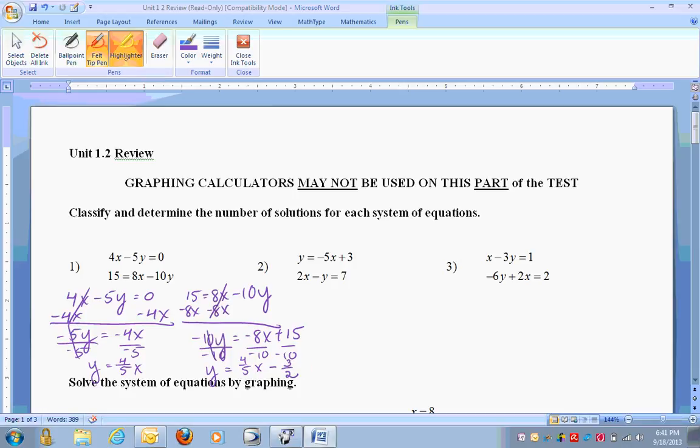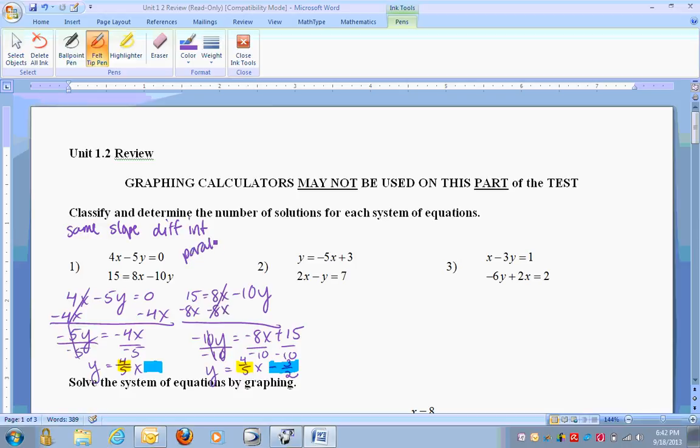Okay, so if you notice, the slope of this line is 4 over 5, and the slope of this line is 4 over 5. Now, the y-intercept here is negative 3 halves, and this one doesn't even have an intercept. So we are dealing with lines that have the same slope, but different intercepts, which means that they are parallel, right?